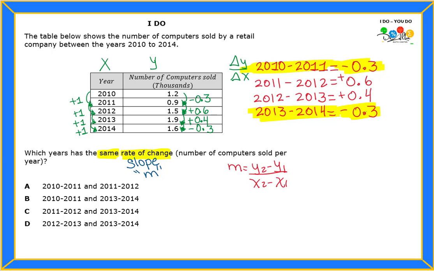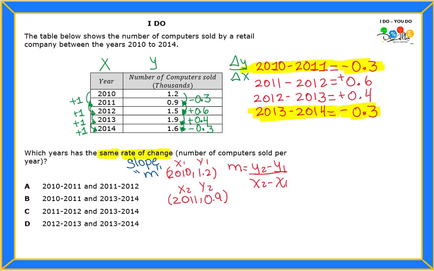Okay, so let's write the points that we want to use. For the first one, it's going to be 2010 and 1.2. My second point is 2011 and 0.9. Let's write labels. This is my x sub 1 and y sub 1. Of course, this is x sub 2 and y sub 2.